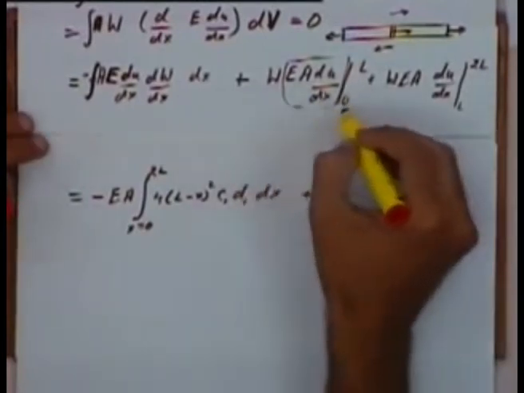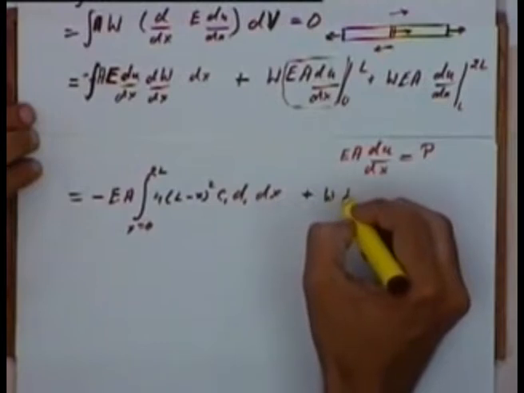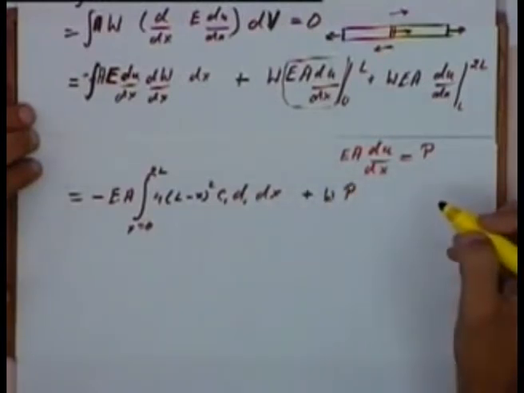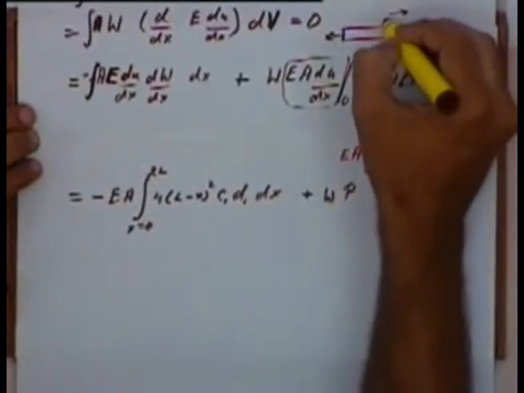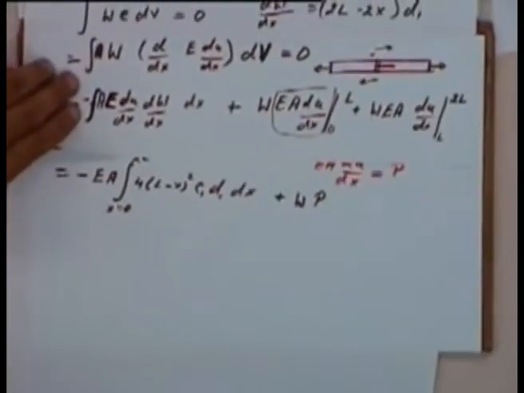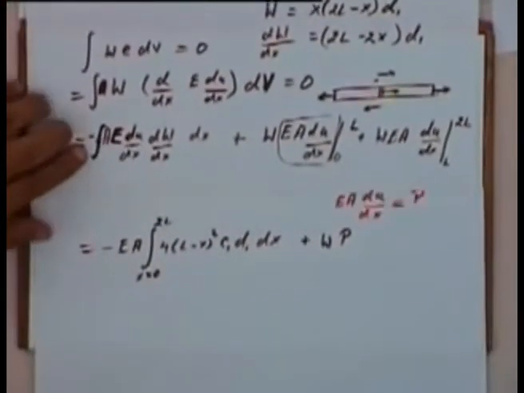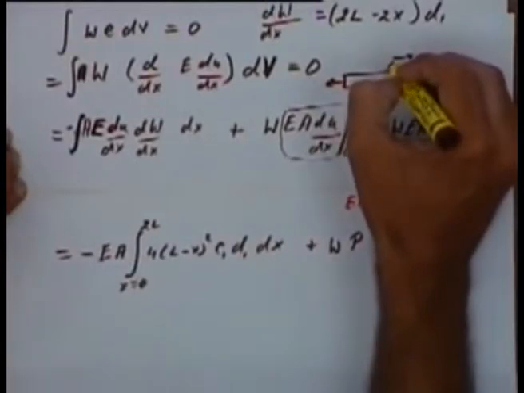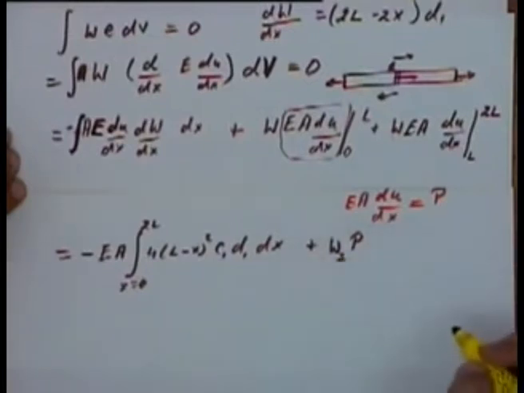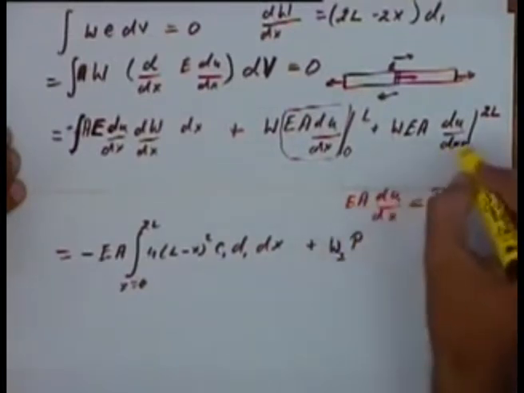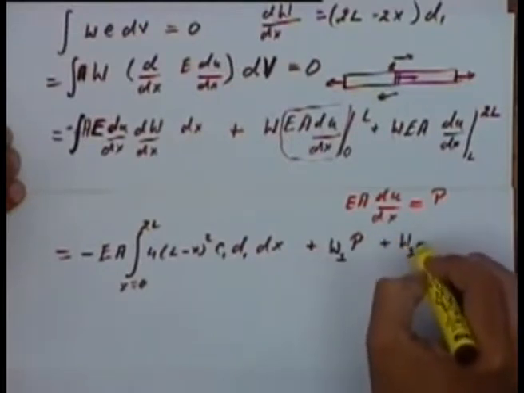So this integral will evaluate to W times P, where this W is the value at this point 1. This is my point 1. So this integral will be W at 1 multiplied by P, and similarly this integral will also be equal to W1 times P.